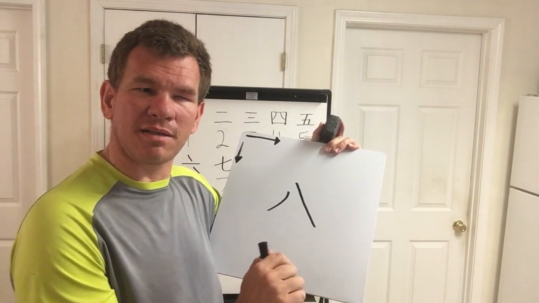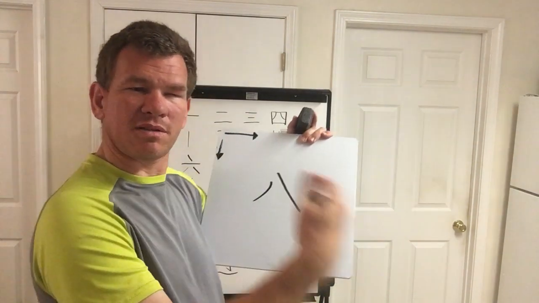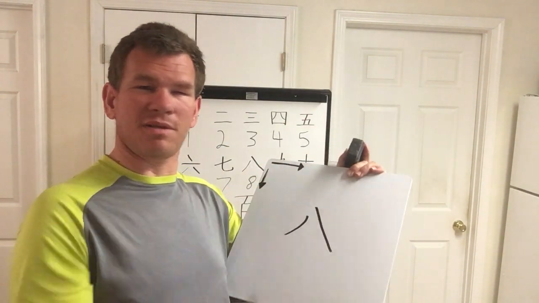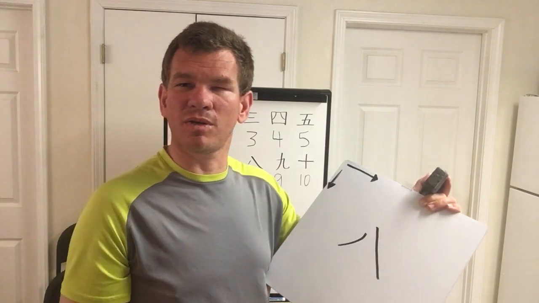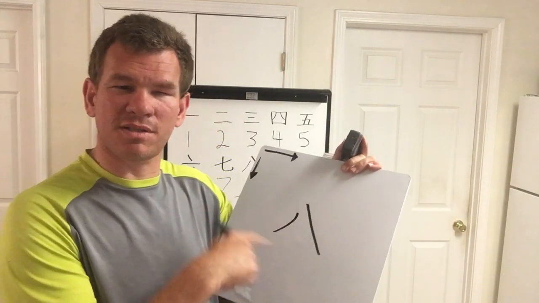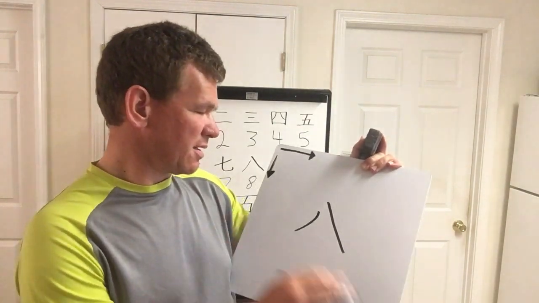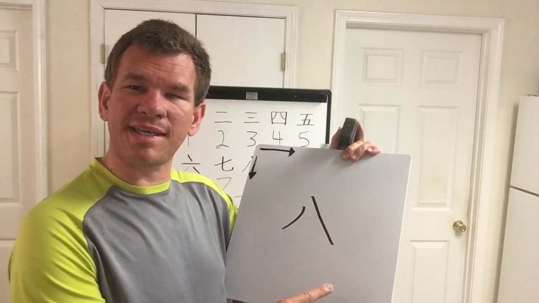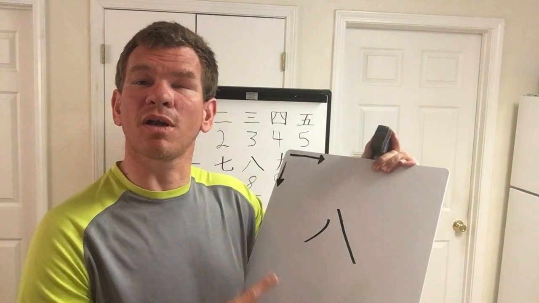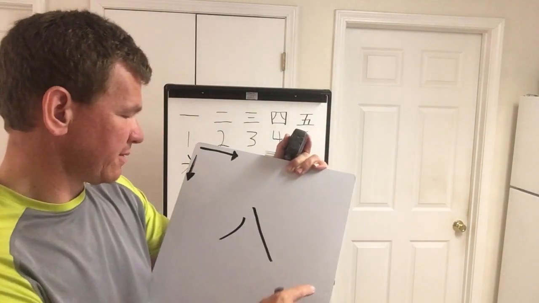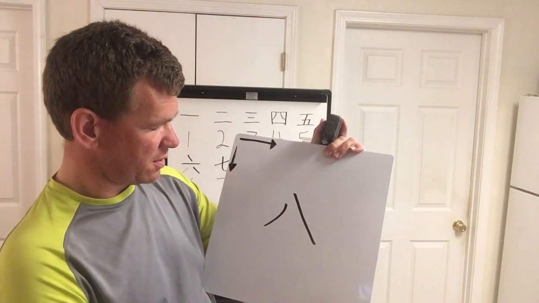I learned that you start on the left and you draw to the right. You can't just randomly draw lines anywhere you want. So it's just the way it's done, and it kind of helps you see how characters fit, how they work. Okay, 8, 1, 2, 2 strokes.